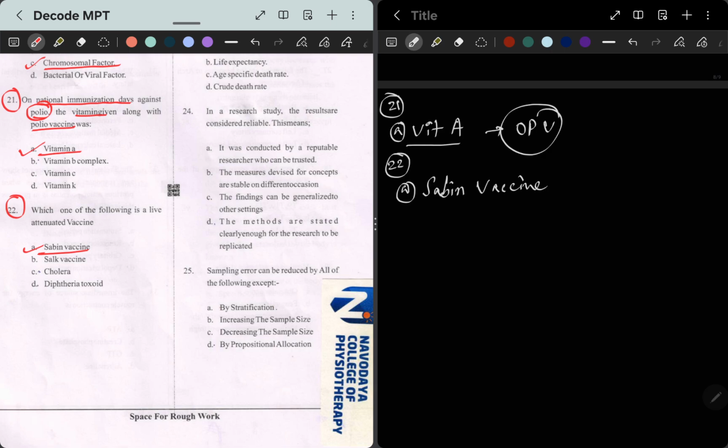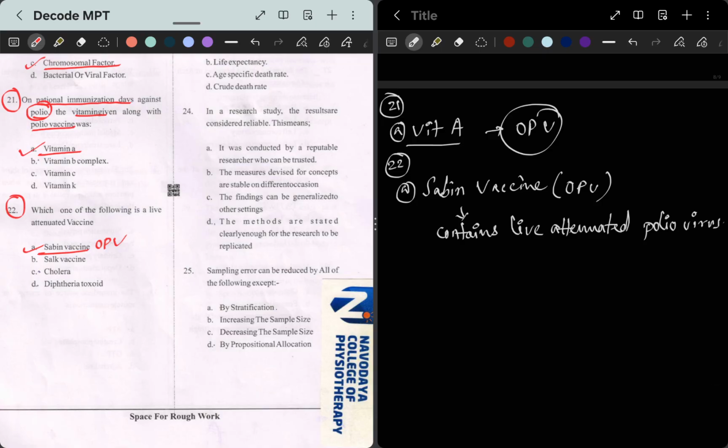The Sabin vaccine is also OPV, which contains live attenuated poliovirus.